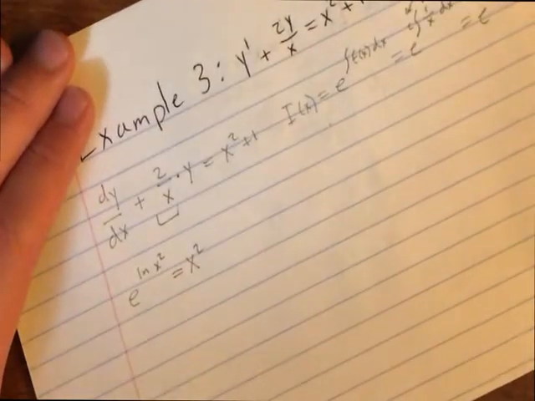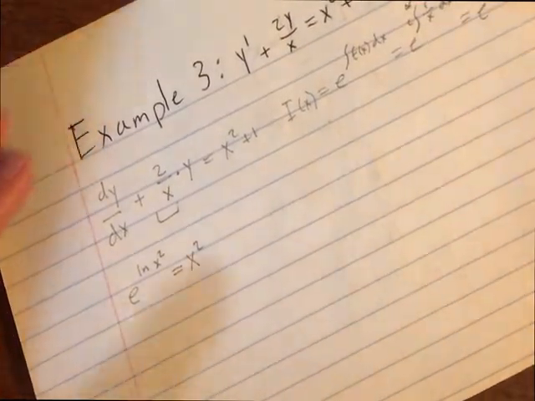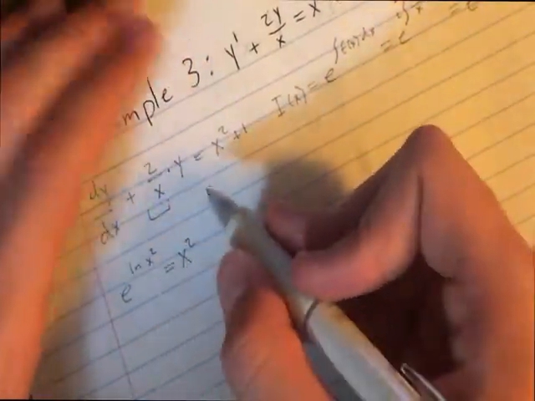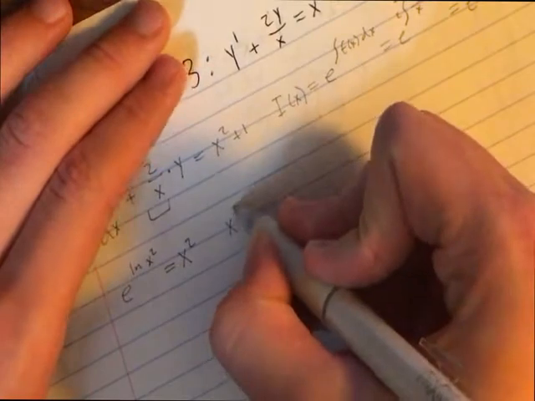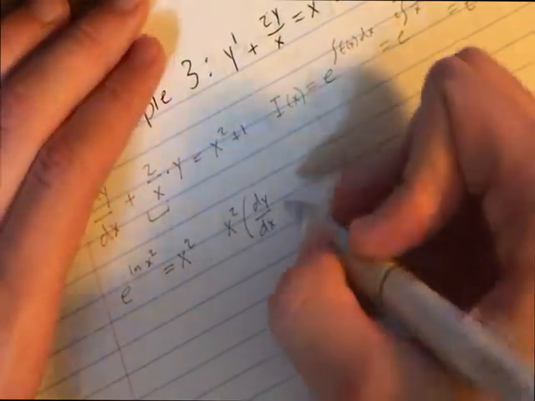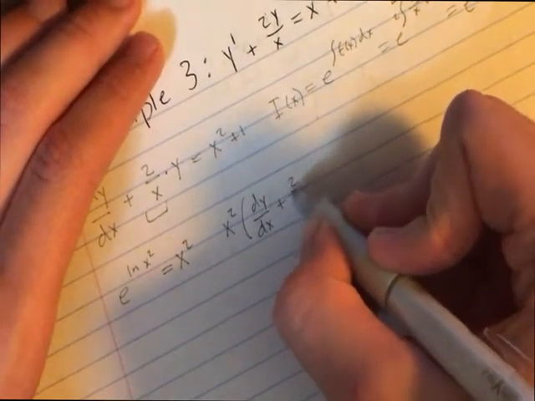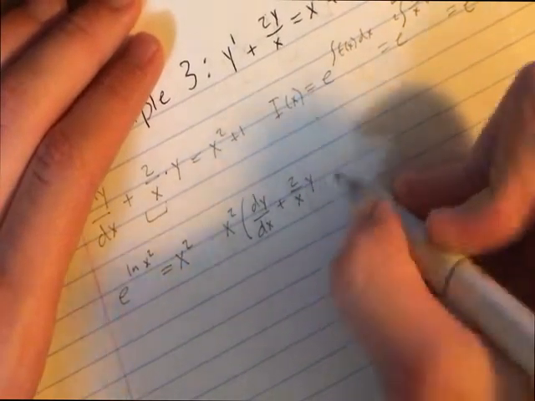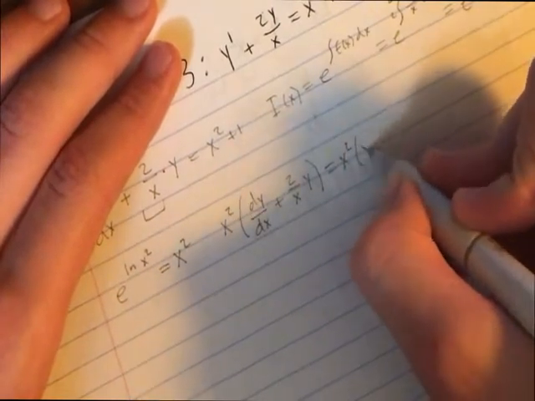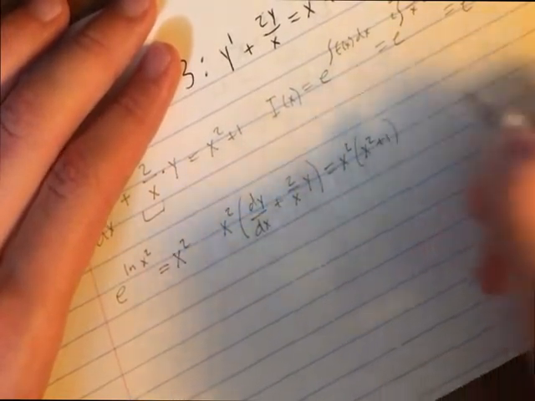So now we multiply both sides by the integration factor. So we have x squared times dy/dx plus 2 over x times y, and x squared times x squared plus 1.